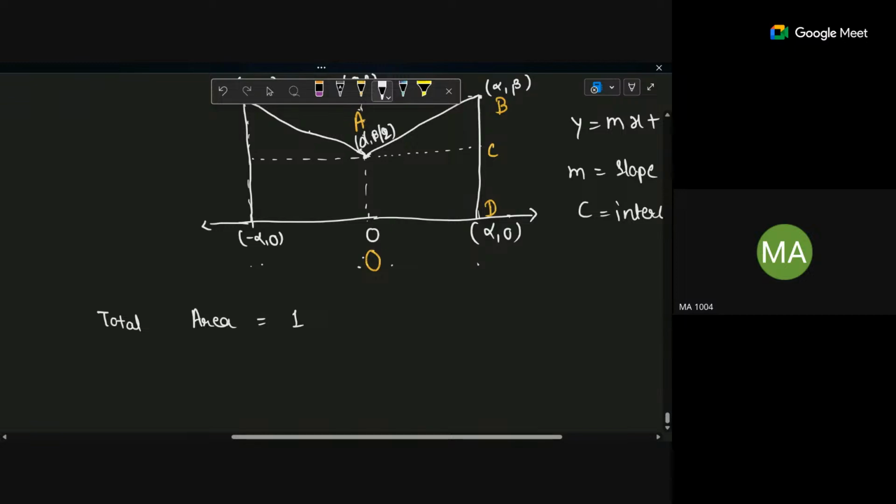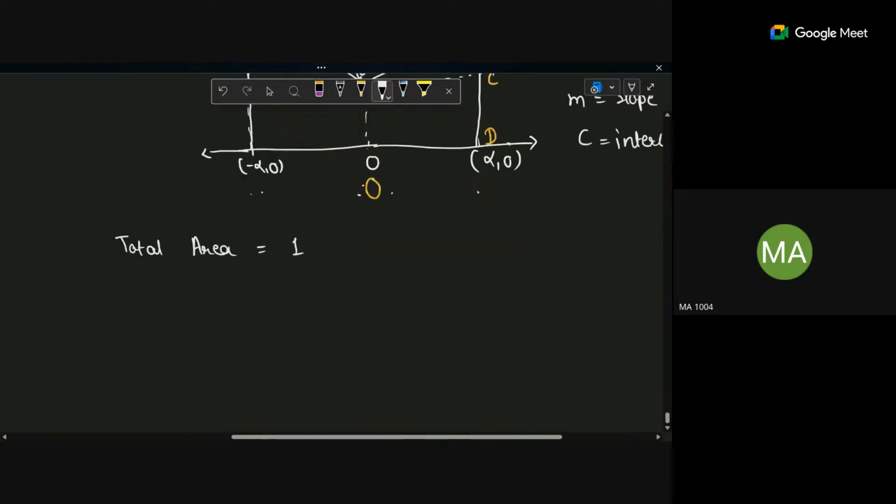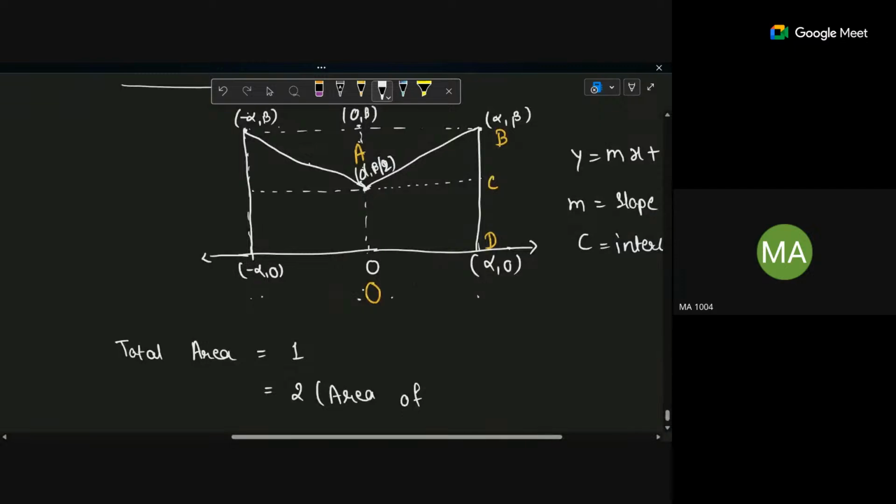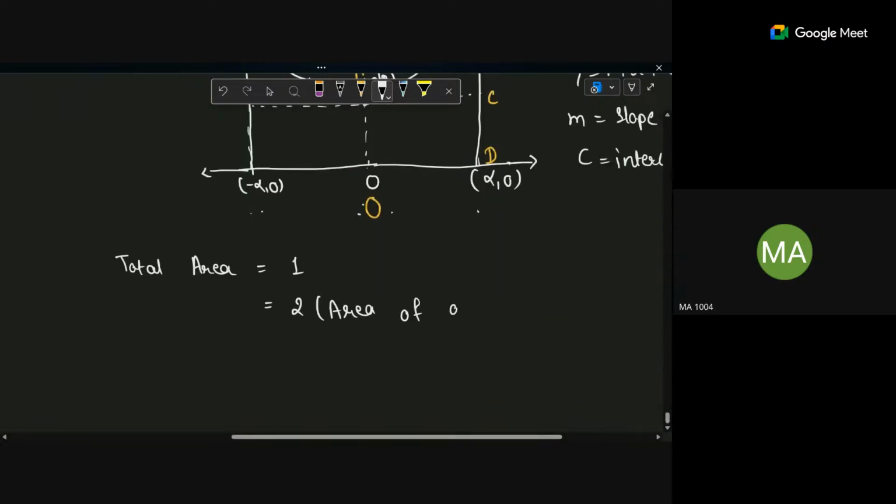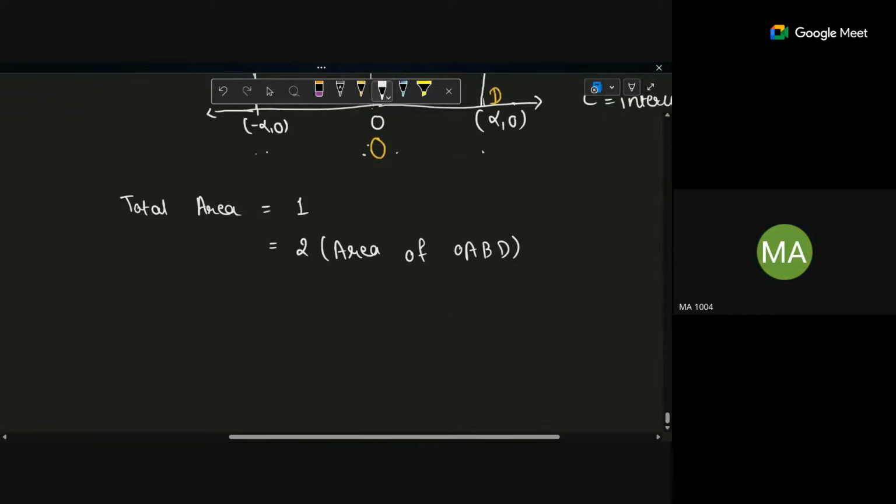Because the given graph is not a random graph. It's a distribution of some continuous random variable, so the total area should be equal to 1. And now it's nothing but 2 into area of OABD, right? Yes. So this area of OABD is nothing but what?